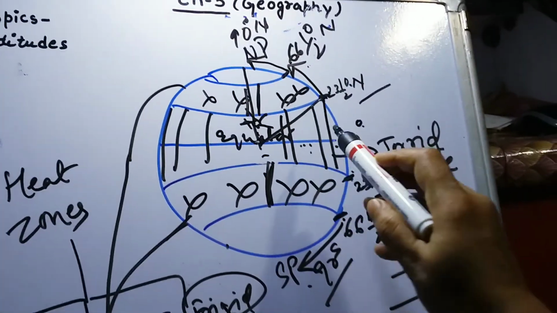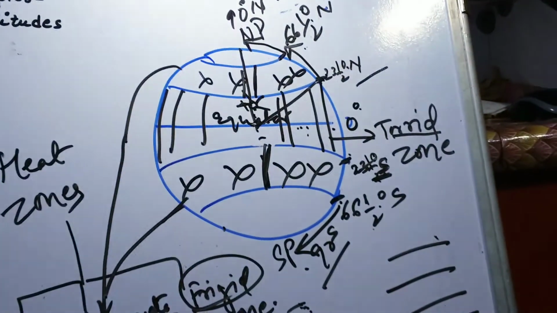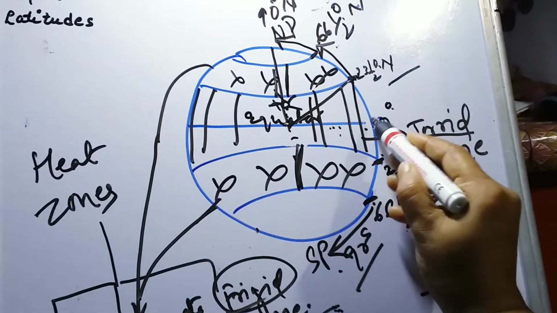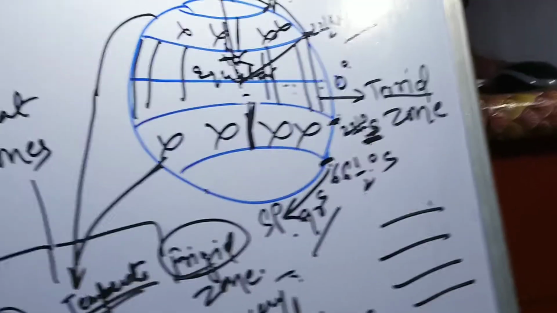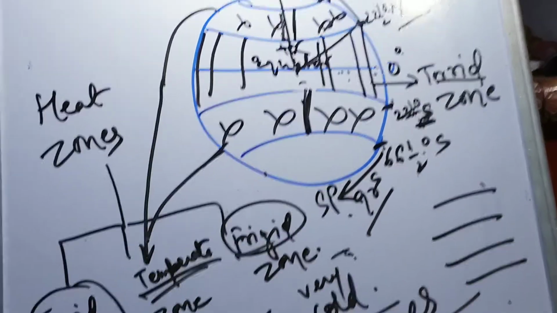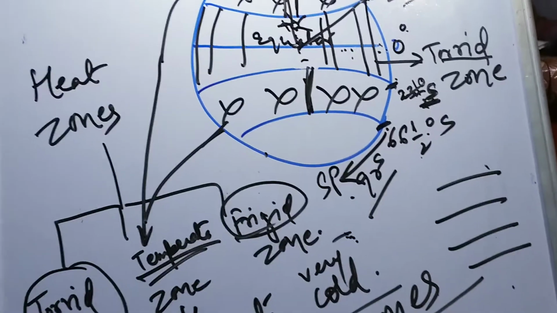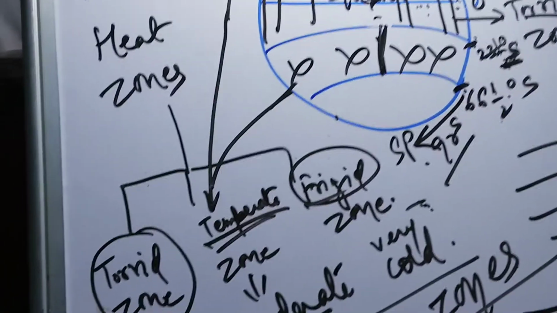This is the longest line of latitude, equal to the circumference of the earth. The equator is so long that it is equal to the circumference of the earth, that is 40,075.16 kilometer, right?